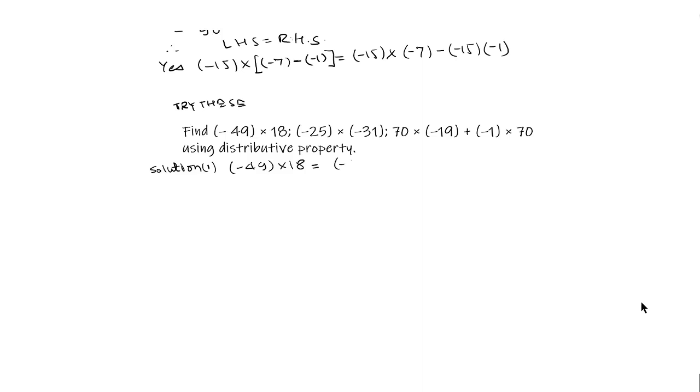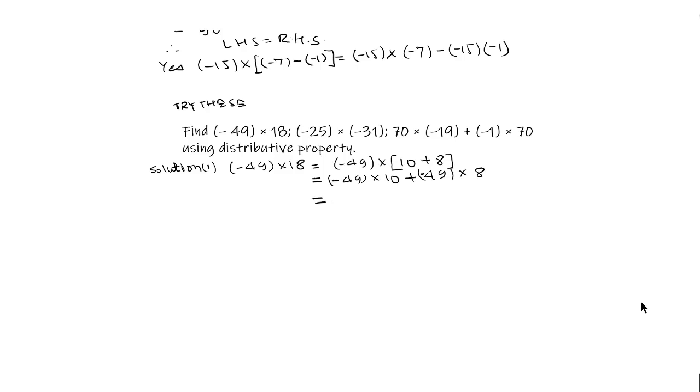So we write minus 49 multiplied by 18, which is written as 10 plus 8. So this is equal to minus 49 multiplied by 10 plus minus 49 multiplied by 8.